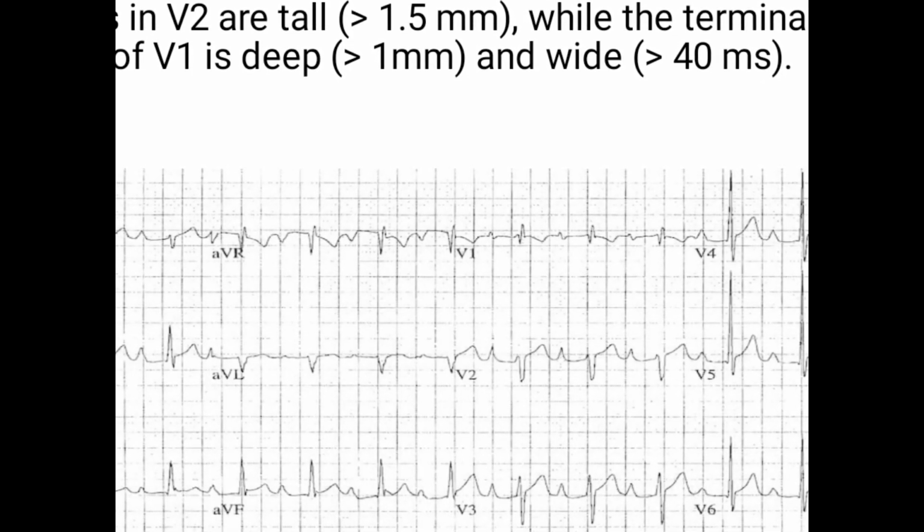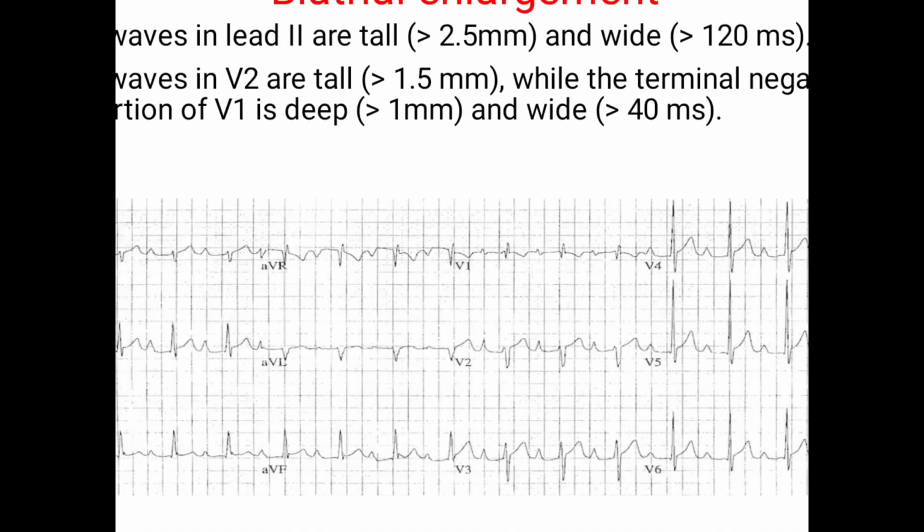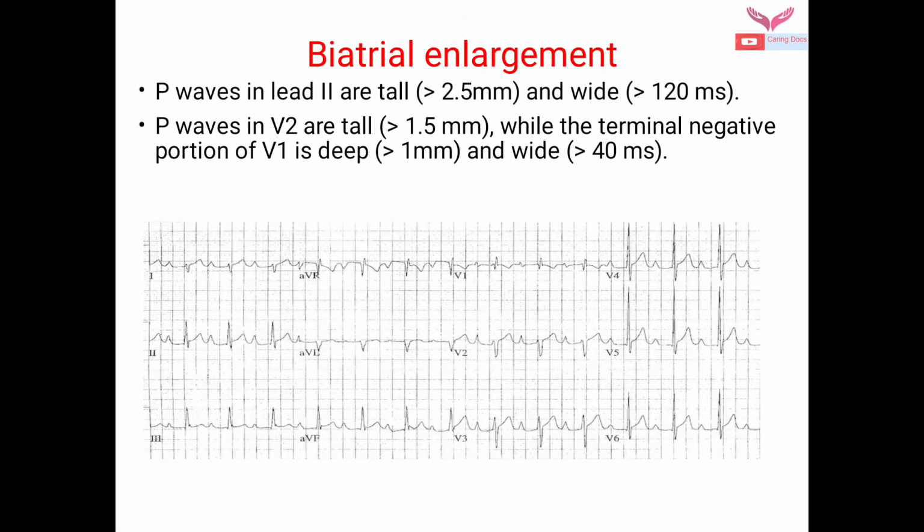You can easily appreciate P waves in V2 are quite tall, amplitude is high, while the terminal negative portion of V1 is deep, more than 1 mm, and wide, more than 40 milliseconds. You can zoom it and see.